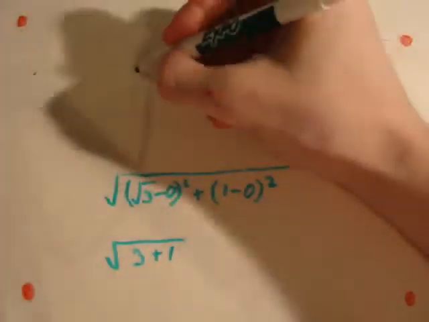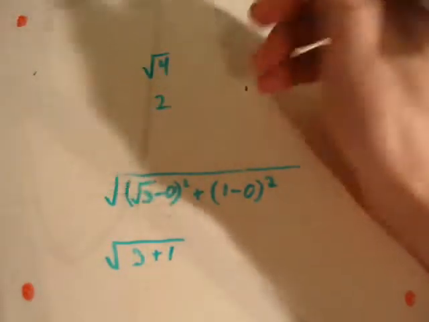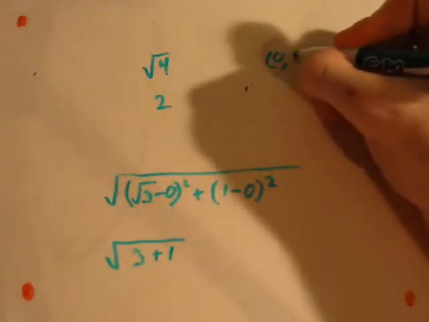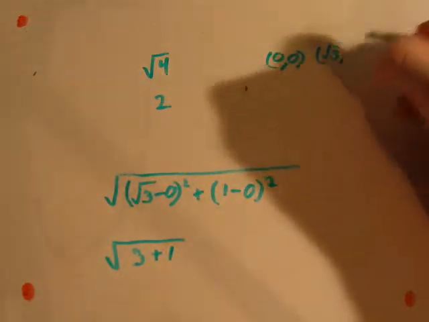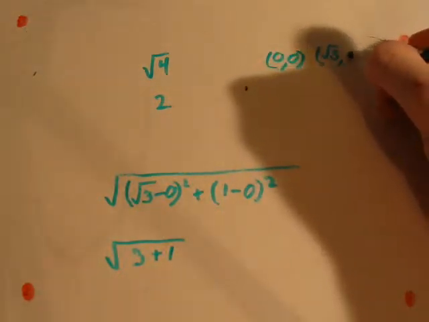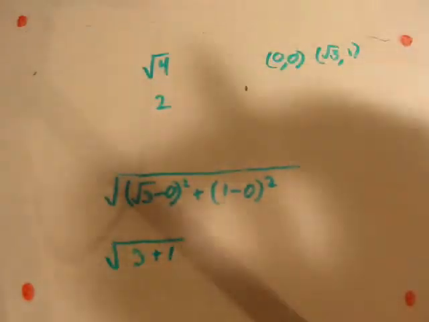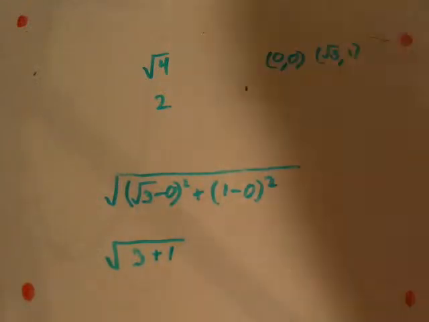The square root of 3 plus 1 is the square root of 4, which is 2. So the distance between the origin and a place at the square root of 3, 1 is 2 units. Let's try another problem here.